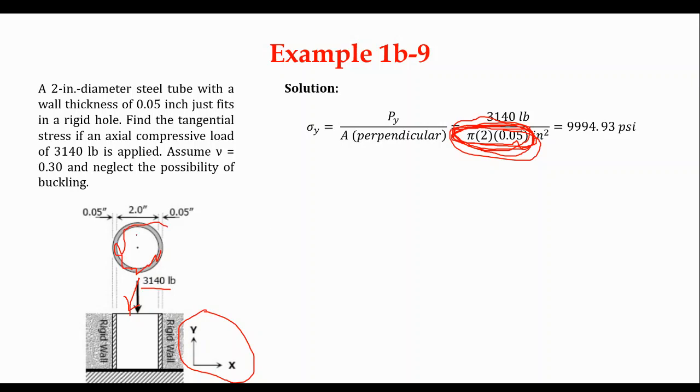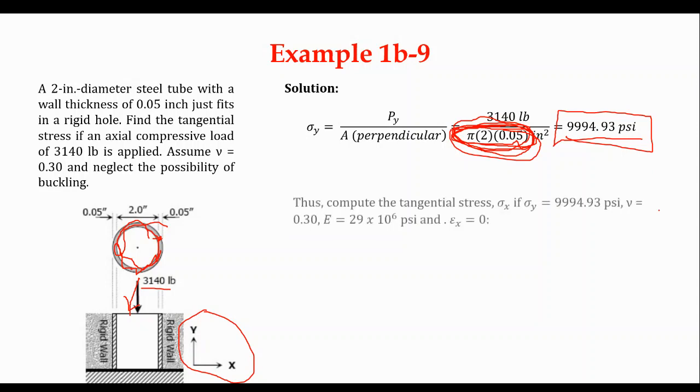But in this case, ang gi-consider is kaning pagkuha sa circumference times thickness. But okay lang gihapon kay dili man jud pud na nakalayo ang ilahang difference. So ang stress ni Y is 9,994.93 PSI. Okay, so na-solve na nimo ang stress ni Y.